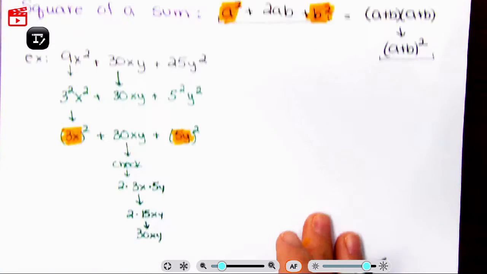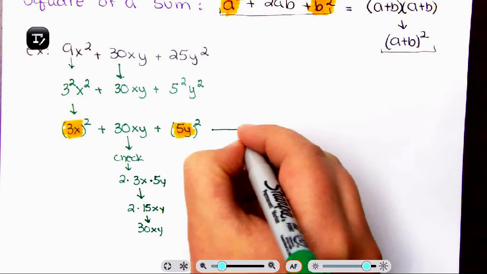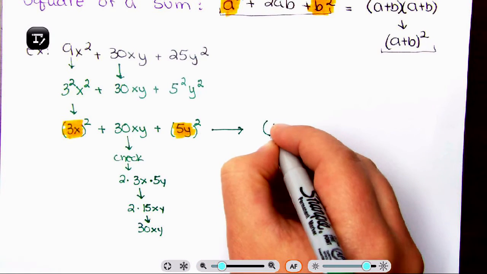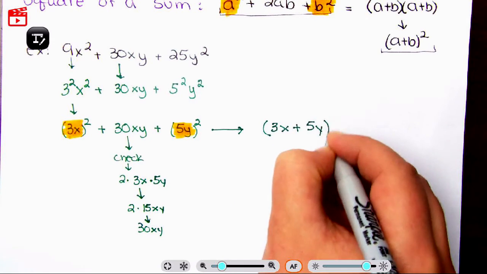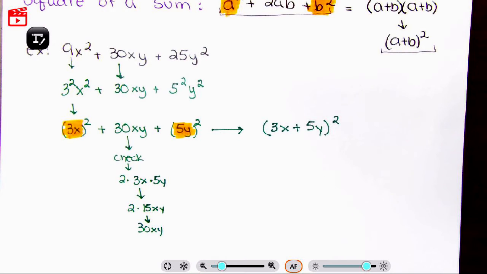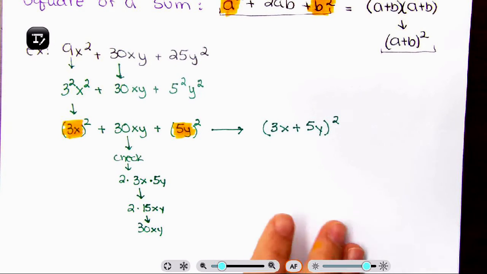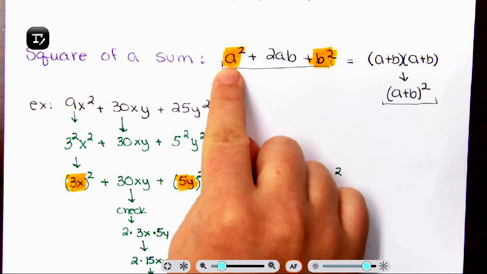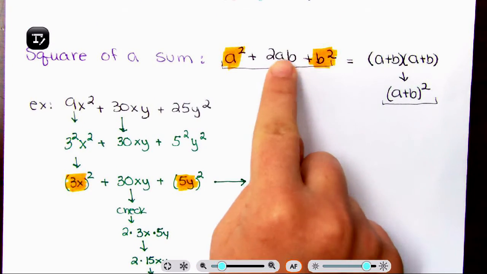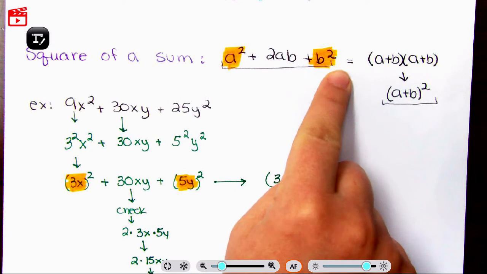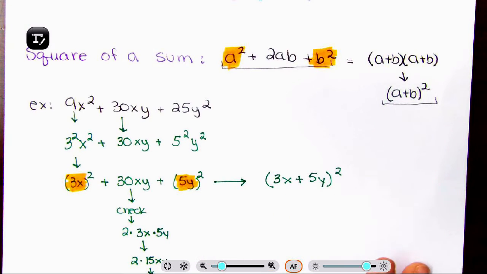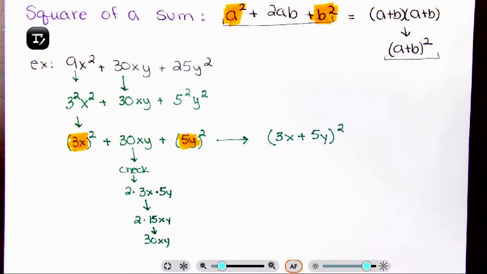When that happens, you factor by saying you have a, which is 3x, plus b, which is 5y, squared. So if you have the first term and the last term squared, and the middle term is double the multiplication of the first and last term, then you can write this as (a plus b) squared. That's square of a sum.